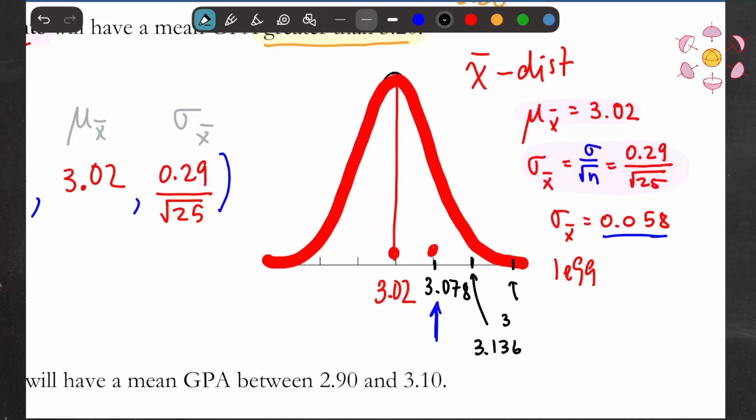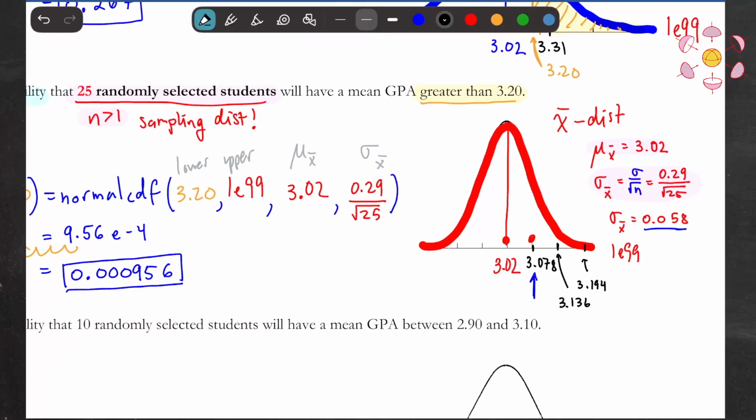this is 3.194. Yeah, it's a little overkill that I didn't round these, but it's really helpful to conceptualize what we're doing. Because remember, every dot under this curve is the average of a sample of 25 students and all of their GPAs.